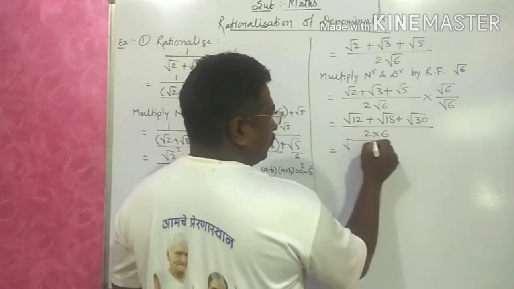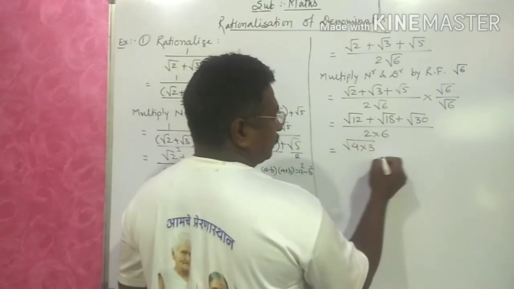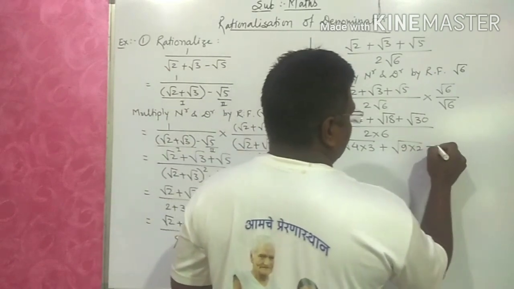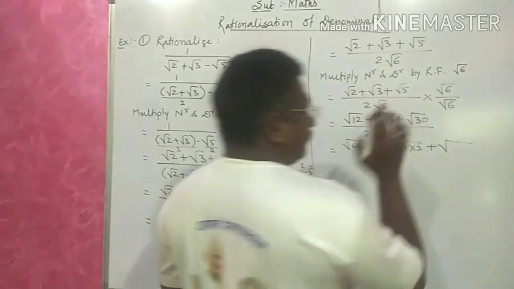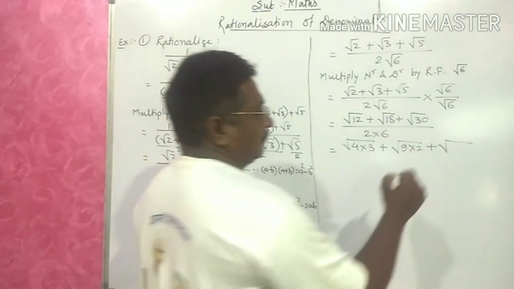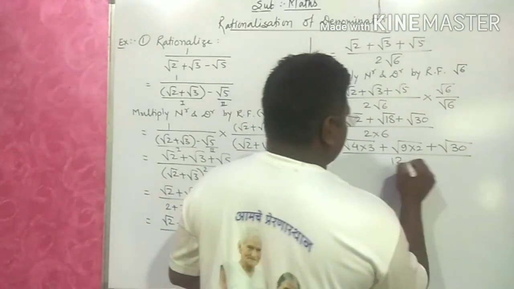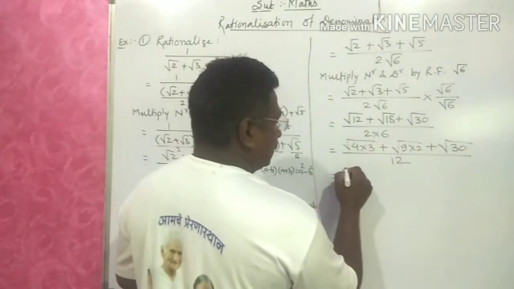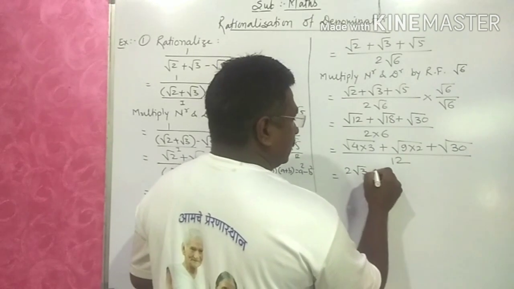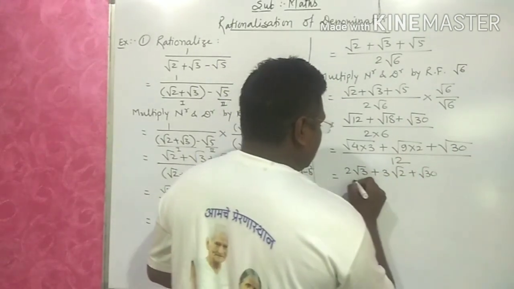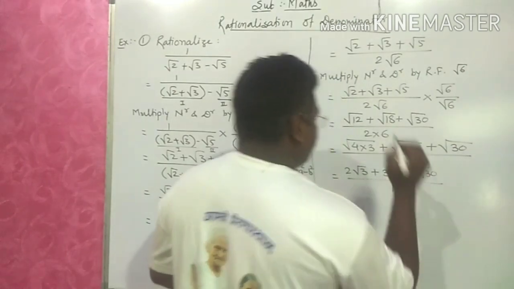So here 4 into 3 plus 9 into 2 plus, here a perfect square number is not there, so we will write as it is, by 12. So what will we get? 2 root 3 plus 3 root 2 plus root 30 by 12.